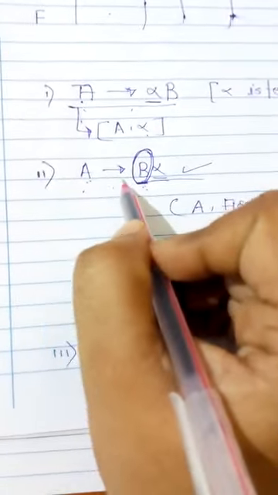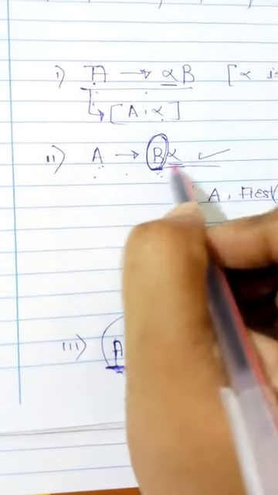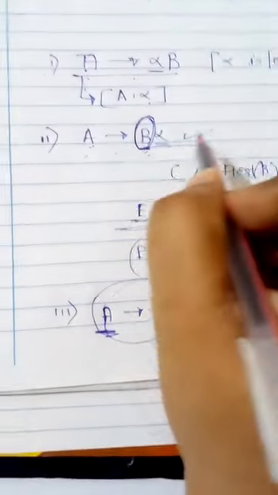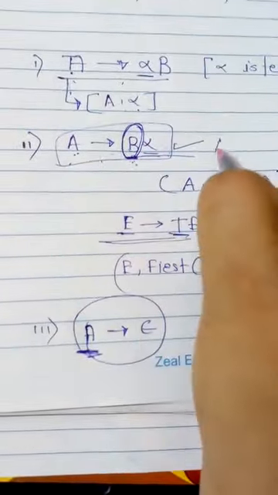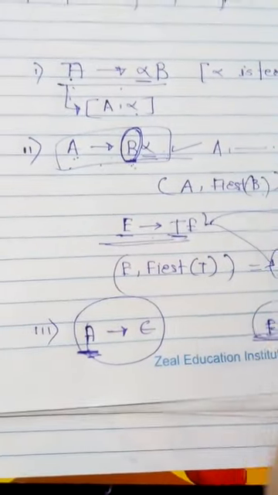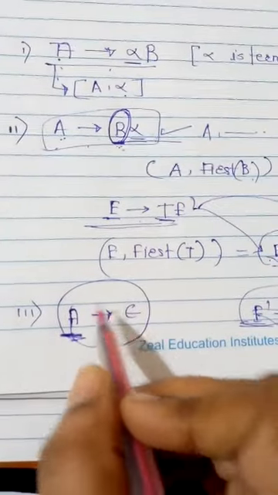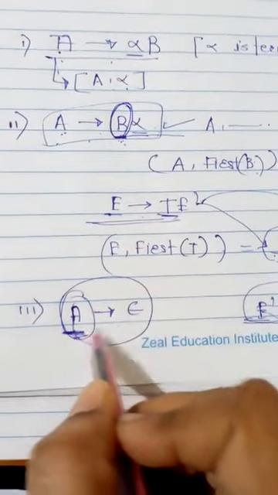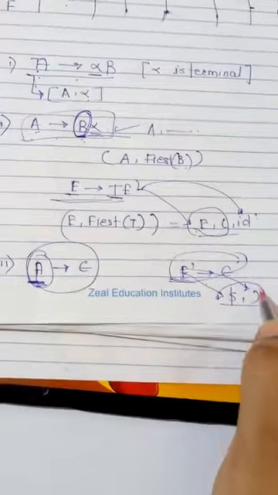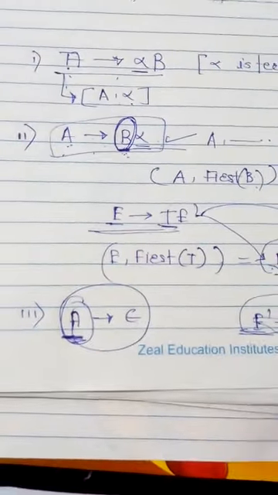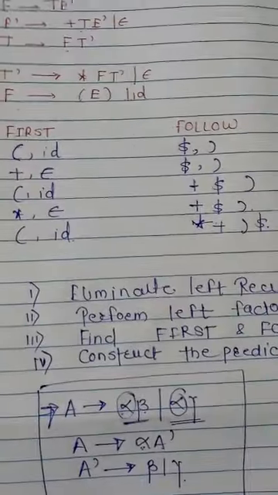If you have A gives you B alpha, where B is a non-terminal, then find out the first of B and add this production rule into the cell value A comma first of B. If the third production rule is A gives you epsilon, then find out the follow of A and then add the production rule into that particular cell value, which is A comma whatever the follow is. So likewise we will complete our parse table for this given table.